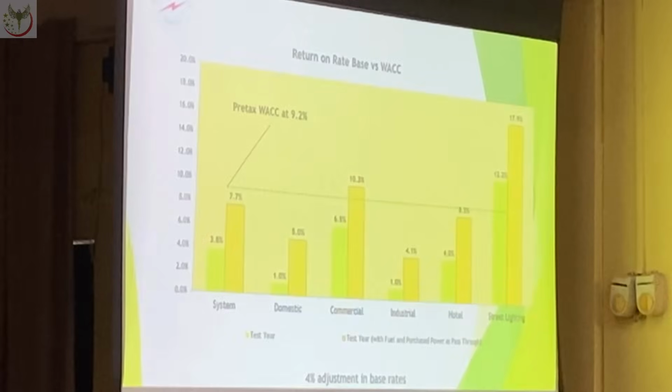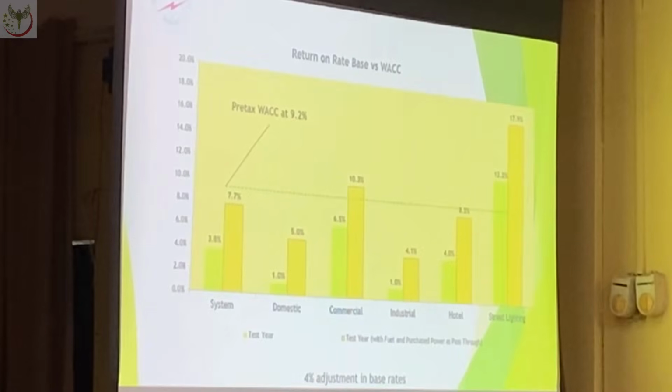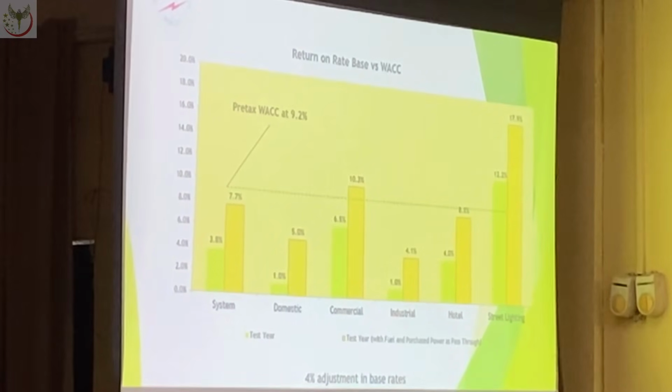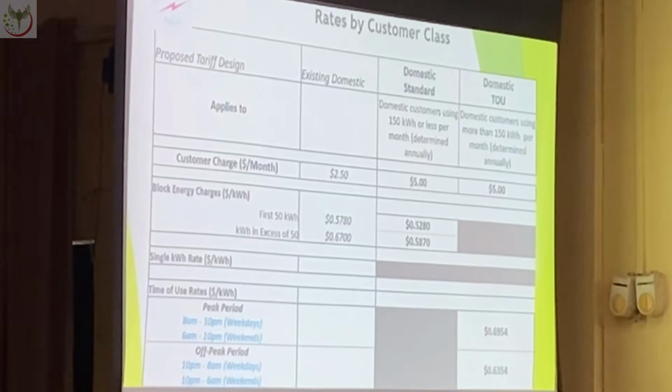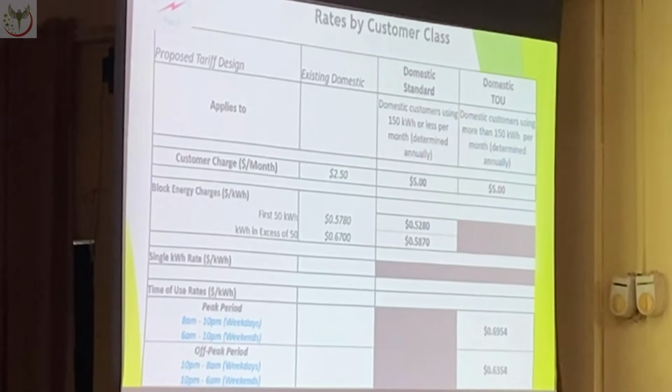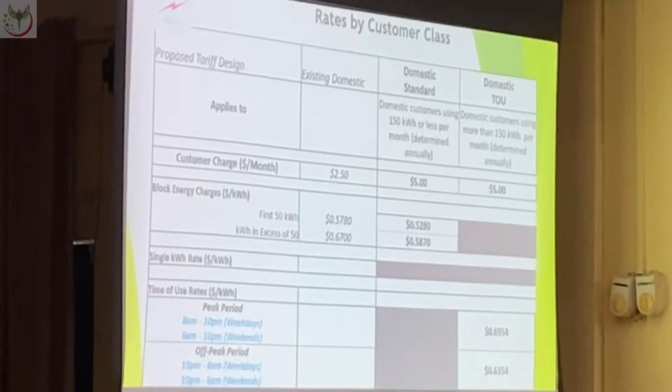Now, the cost of service study serves as a guide to equitably adjust those rates to achieve that 4% adjustment. Also factoring customer affordability and economic development, the rates were set accordingly. Now, Mr. Felix Julian will present those rates.